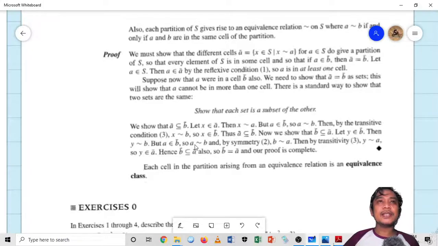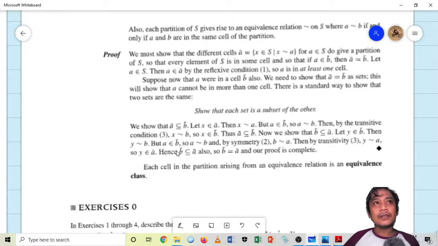Okay, so we have shown that an equivalence relation would result in a partition. Also, a partition would result in an equivalence relation, when we define a relation to be two elements are related when they belong to the same cell. Since an element belongs to the same cell as itself, the relation is reflexive.